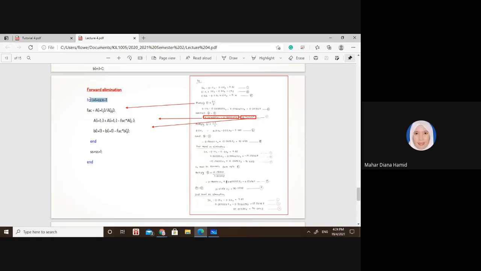This is just syntax, meaning that we are going to have another procedure, and this procedure is forward elimination, where this FSC means factorize. So factorize is equal to the value of this.